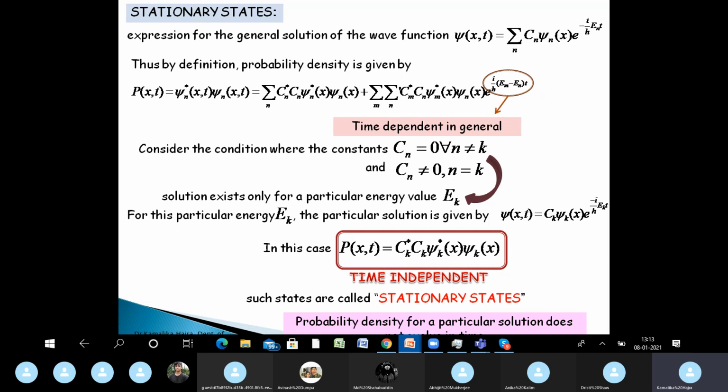What are stationary states? Okay, now these questions come in the exam. What do you mean by stationary states? Please don't Google your answers. Please try to understand the thing, why it is a stationary state. Stationary because there is no change with time. Time might change, but the function will not change, which is why it is a stationary state.